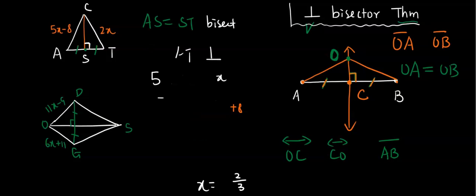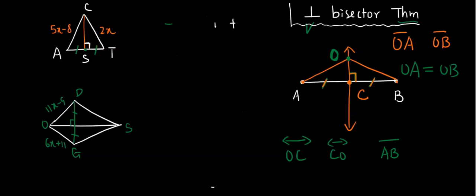Next question, by looking at the symbols, we also know it is a perpendicular bisector. Why is that? You have one tick mark. It tells us that OS bisects this line segment DG. Now let's look at this little symbol here.